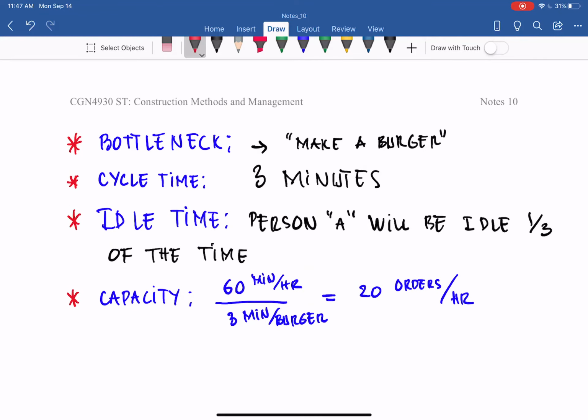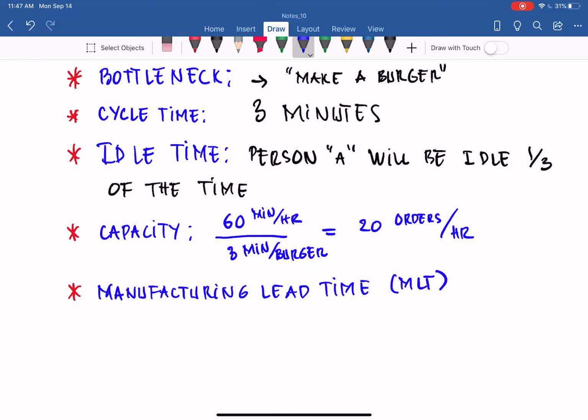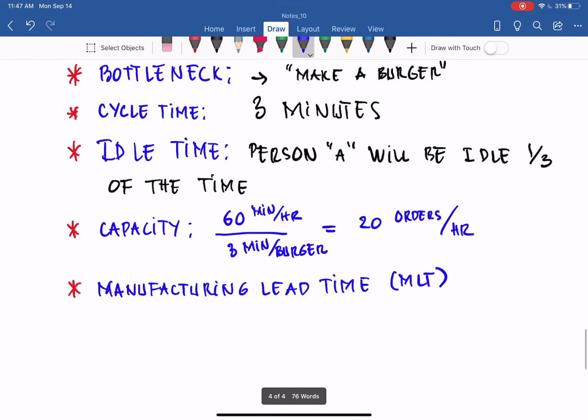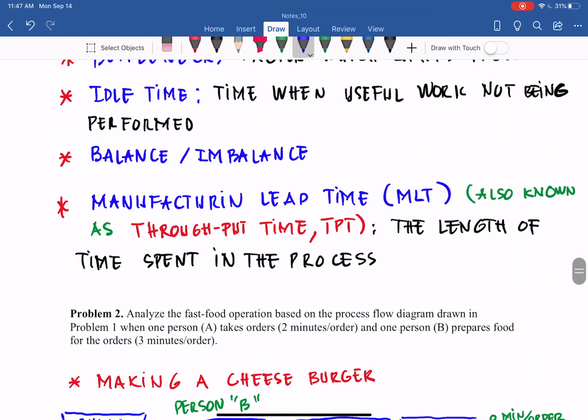And the last one is the manufacturing lead time, or throughput time. What is the definition? It is the length of time spent in the process.